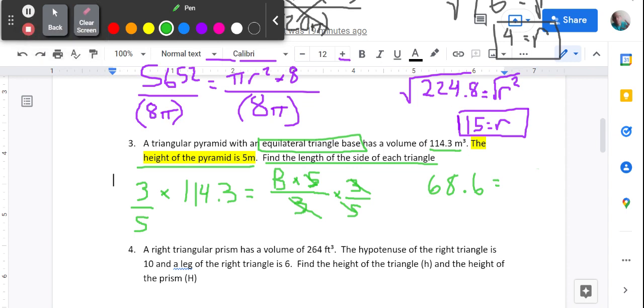So the equilateral triangle formula is the square root of 3 divided by 4 times side squared. So we have 68.6 equals root 3 over 4 times side squared. So side is our variable right here. That's what we're trying to find.